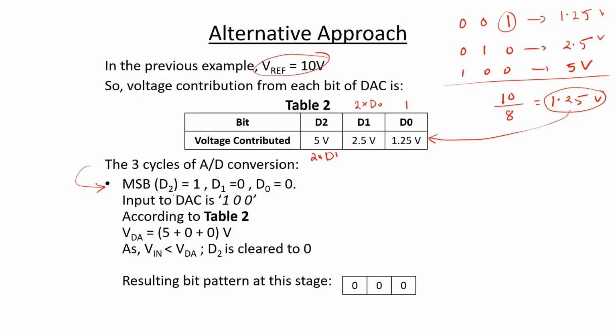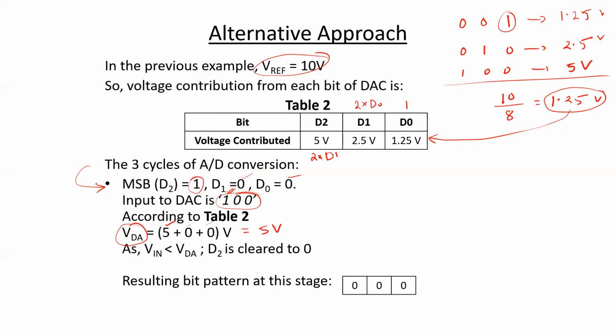So for the MSB, we can set it to 1, keeping the other bits equal to 0. So for 100, what would be the equivalent analog voltage produced by the DAC? Here there is only contribution from the MSB. So you can add 5 plus 0 plus 0, as there is no contribution from the other 2 bits.